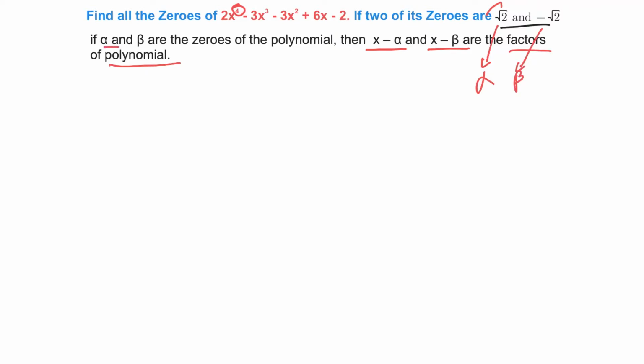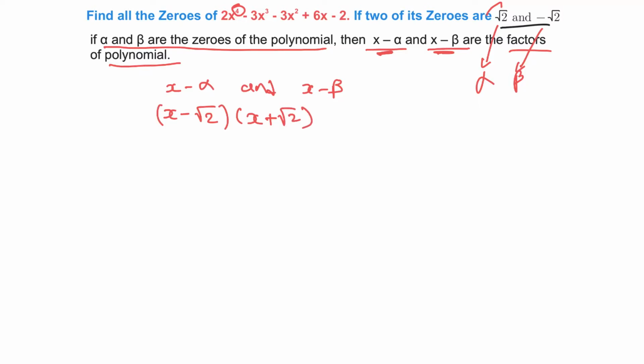So the factors will be x minus root 2 into x plus root 2. Why plus? Because beta is minus root 2, therefore the factor will be x plus root 2.